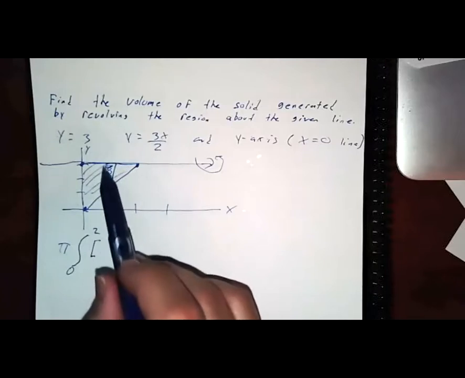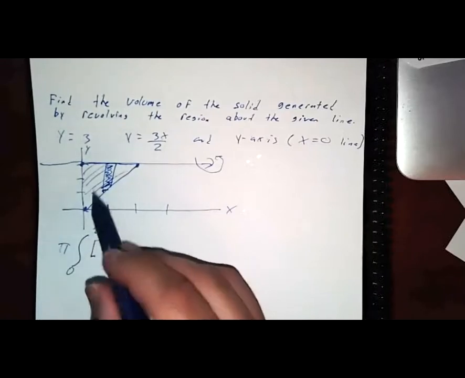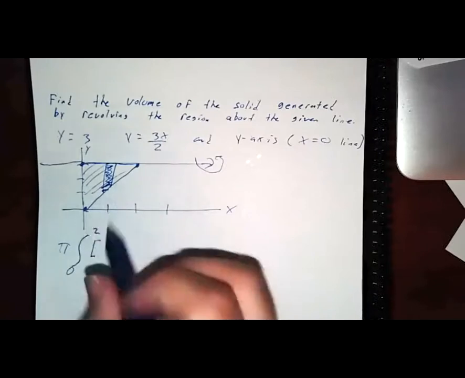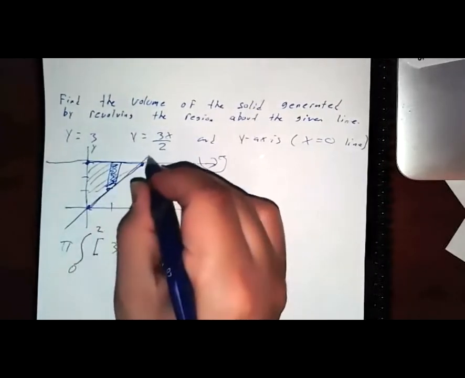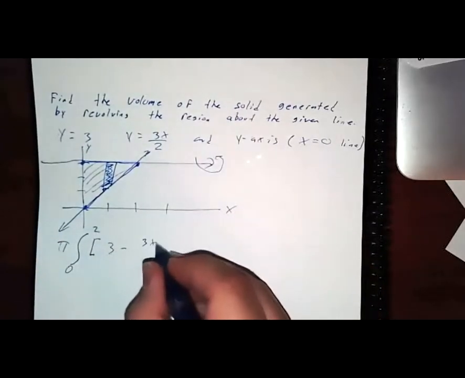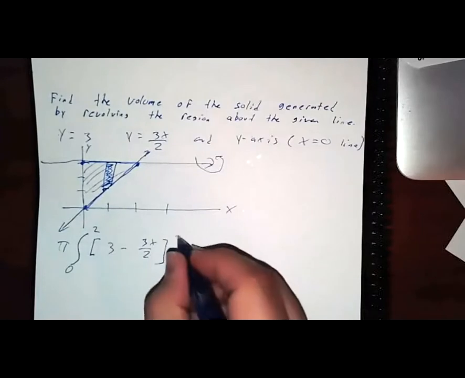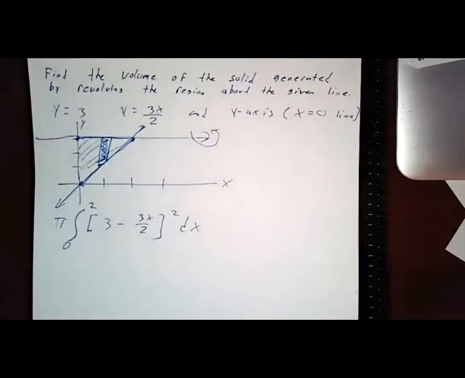It'll be top minus the bottom, so the top is no longer 0. So I've got to put 3 minus this function. This function technically goes on forever.